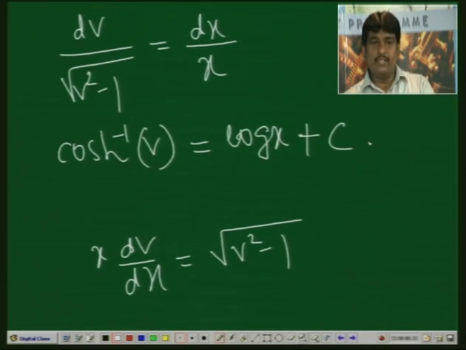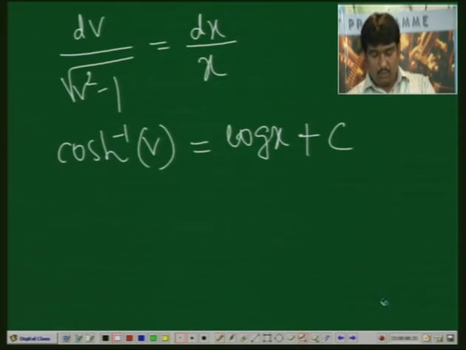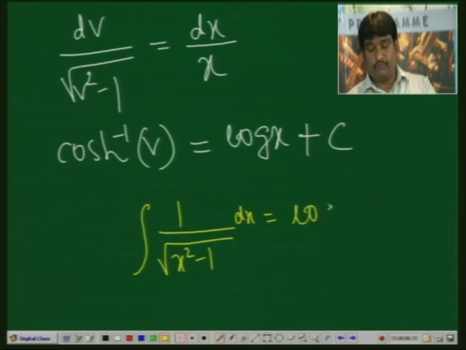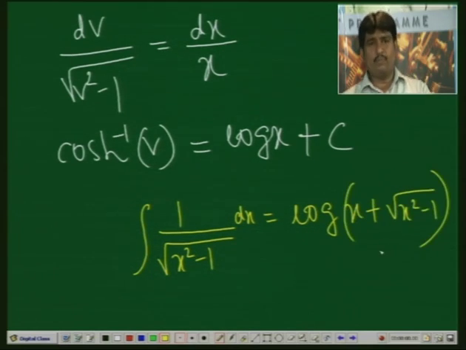If you don't want to write this in terms of cos hyperbolic inverse, you can use the alternate formula. Alternate formula is like this: integration of 1 by square root of x square minus 1 dx equals to log of x plus root of x square minus 1. So, this is more appropriate here because I have log x, and even this c can be written as log c. So, I can cancel log throughout.